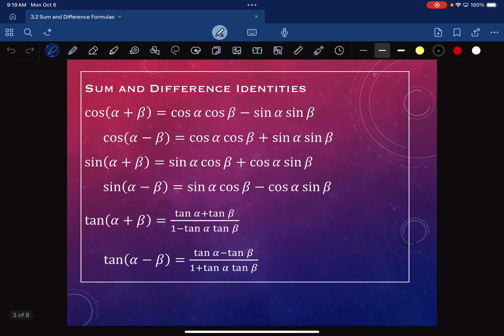So we're going to start with our sum and difference identities. All of these are already written out for you, either on the sheet that I gave you or on the notes, or actually they're on both. And what they show us, and we mentioned this before, but let me just reiterate, these angles, right, are in Greek letters. And they show us what happens when we take two angles and we add them together.